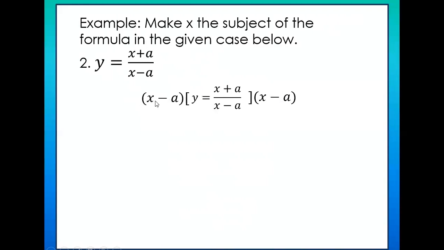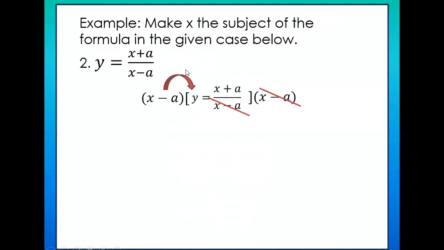So x minus a multiplied to y is, before we work with that case, we can go ahead and cancel common terms here now. As pointed by the cursor, we cancel x minus a and x minus a here.